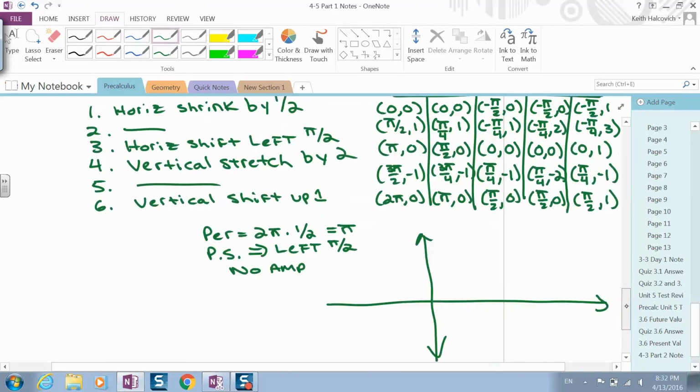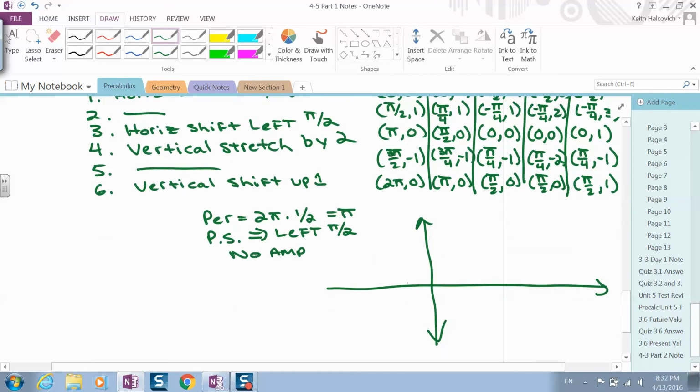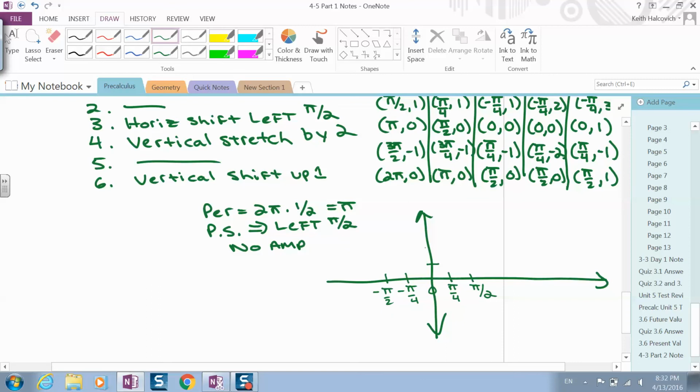Looking at this, the first point is negative pi over 2, and to go from x to x, it's pi over 4. So every mark is pi over 4, so I need 2 marks here, and then I need 2 marks over here. Negative pi over 2, negative pi over 4, 0, pi over 4, and pi over 2. On the y-axis, I need to go up to 3 and down to negative 1.